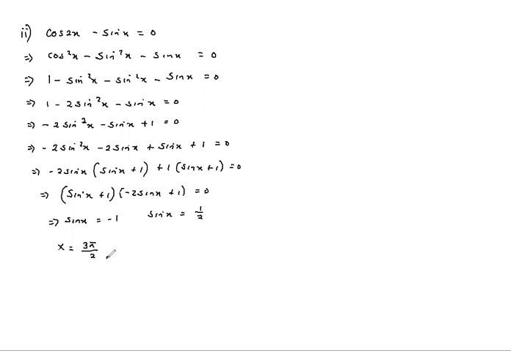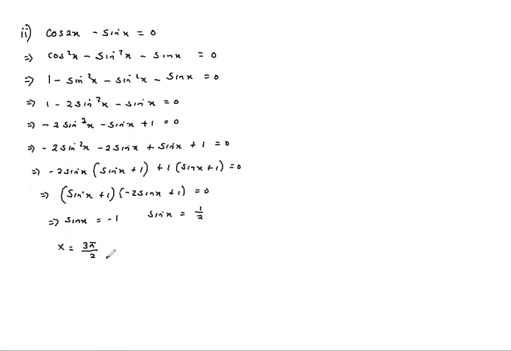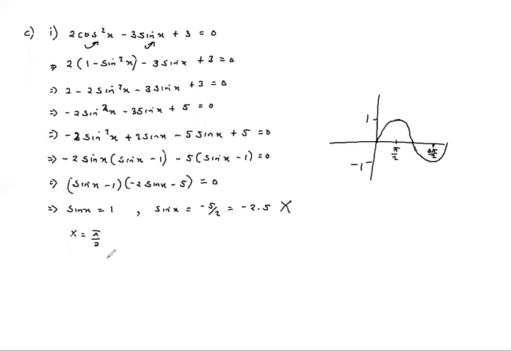Shouldn't sine x, the one which is half, be negative half? Because the one will go to the other side as a negative, then the negative 2 will go to divide, so the negatives will cancel. Okay, yes, thank you.